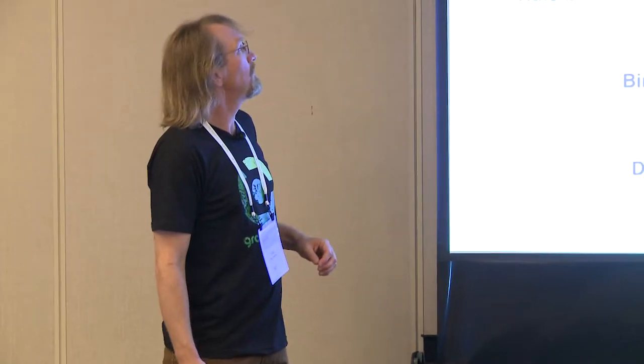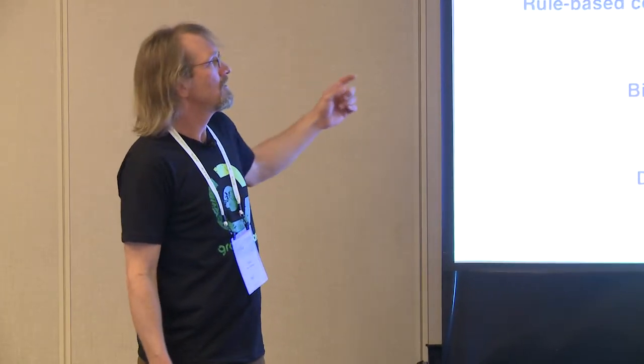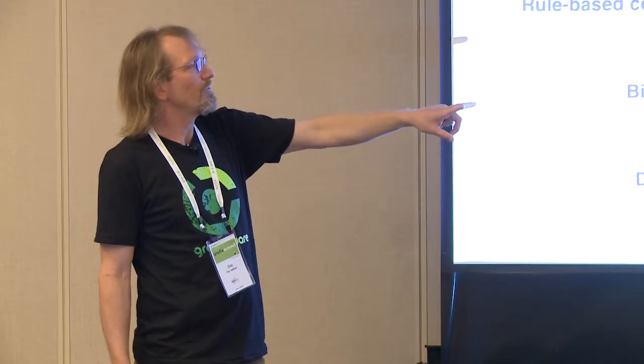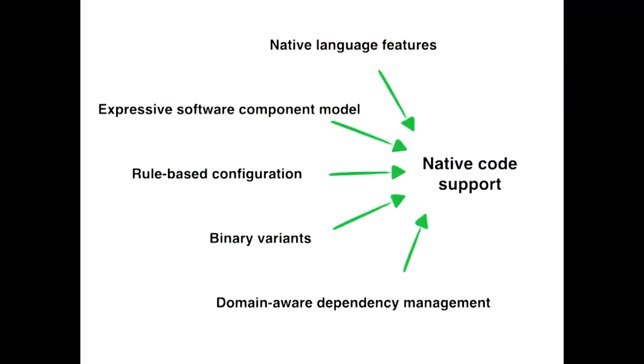So just quickly, because I've got 5 minutes left. Just to summarize what we talked about today, we're talking about native code support, how it was added, and there's a bunch of new things that were added, as well as just the native language features, which were kind of the driving force behind it. We've added a bunch of more strategic underlying features, which we think is going to make a big difference to Gradle in the future.